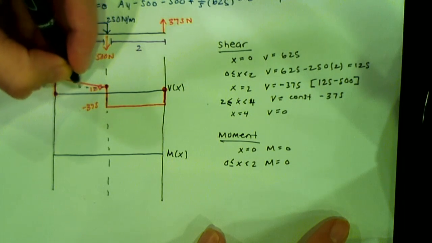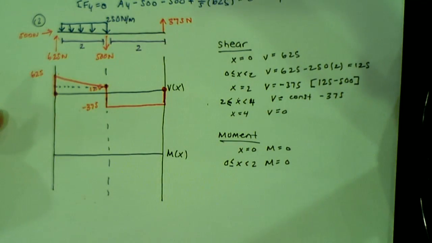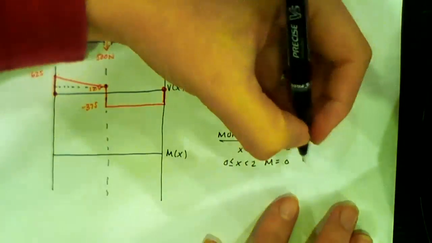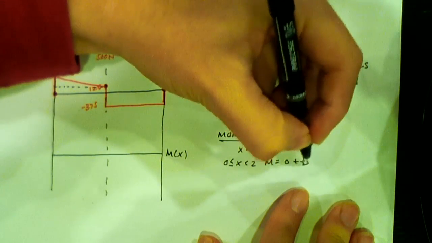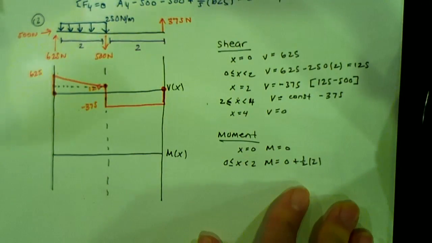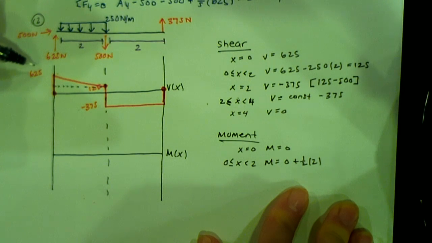So we have to find the area of that. If I draw a line here, I have a triangle and a rectangle. This is all positive, right? So I'm going to add. We have 1/2 times the base, which is 2, times the height, which is 625 minus 125.